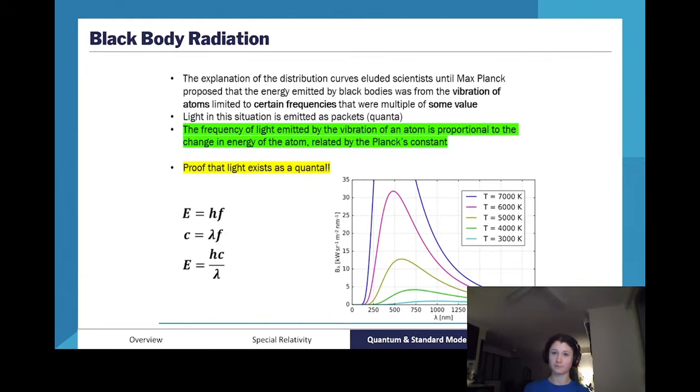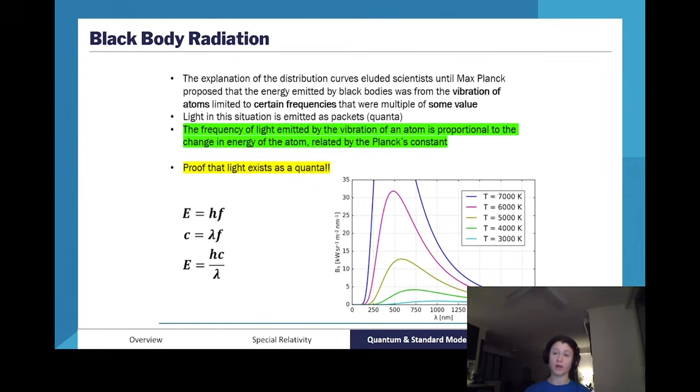Alright, so the concept of black body radiation and how it shows that light exists as a particle rather than a wave actually gets a little bit complicated the more you dive into it, kind of unlike the two other experiments that we look at, right?